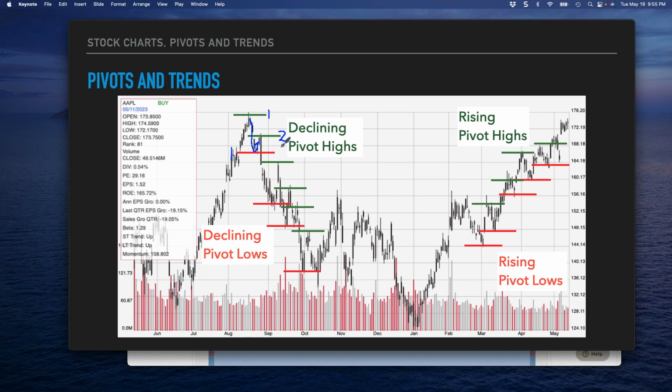Now it finds new resistance below the previous pivot high. So this is pivot high number 2. Breaks down below this previous pivot low and finds its next pivot low here at around 154 again. Rallies momentarily to pivot high number 3.